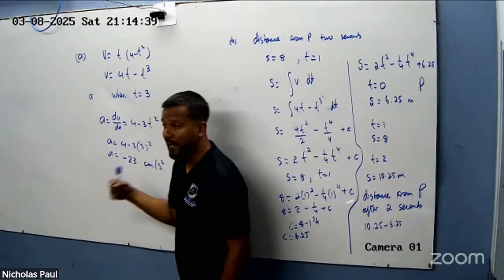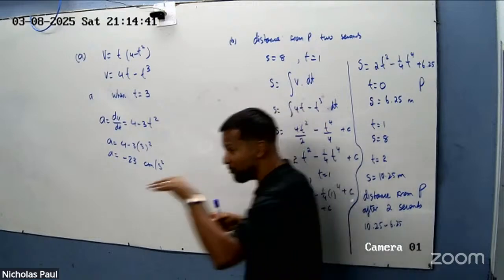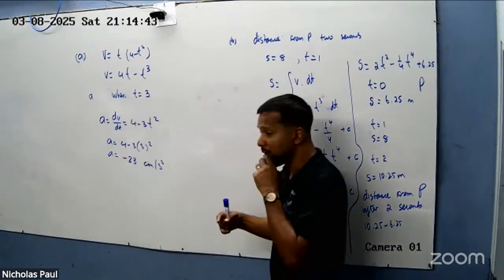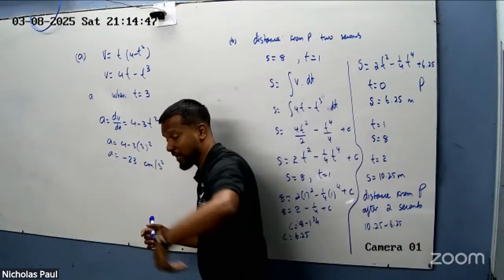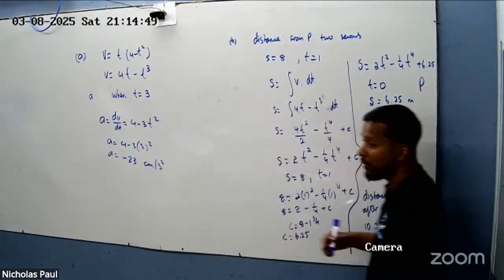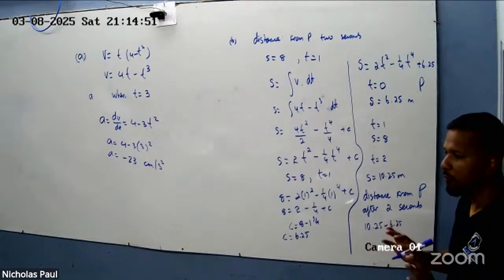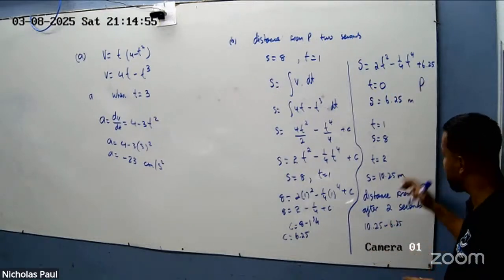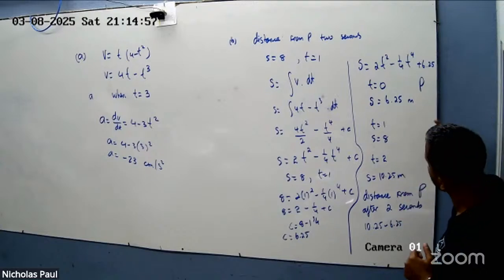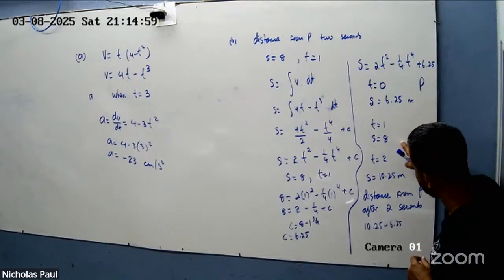So something is happening to the particle, it's not just moving in a straight line. It's probably slowing down, probably changing direction and then slowing down. For now, my advice is to see what happens at each second, and then you make an estimate.